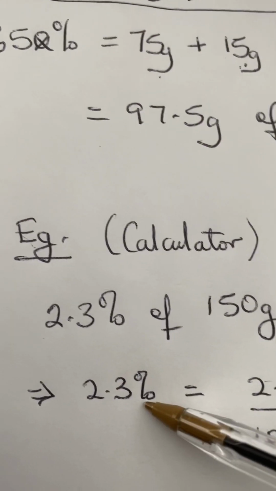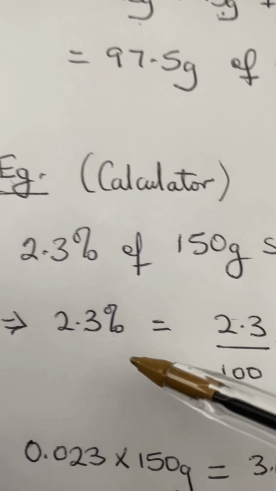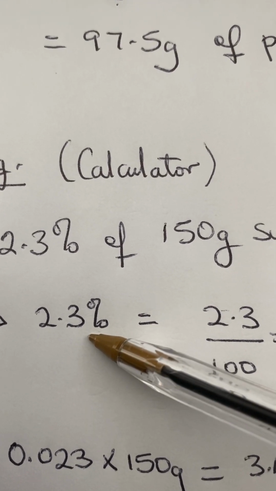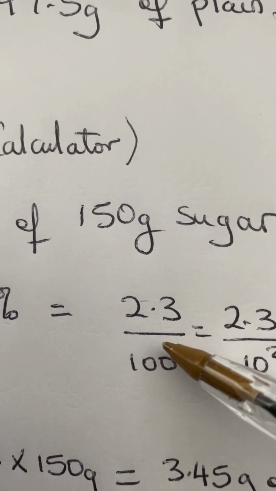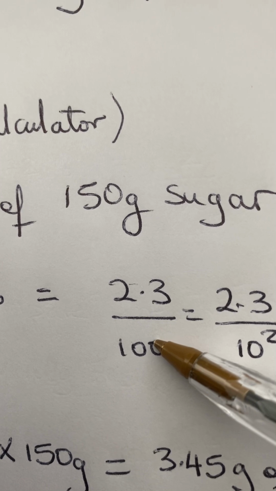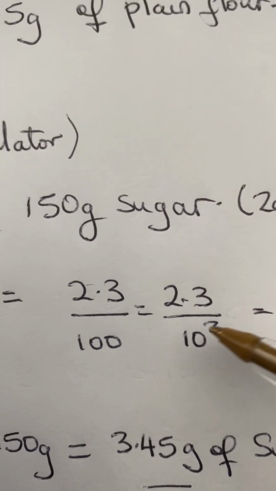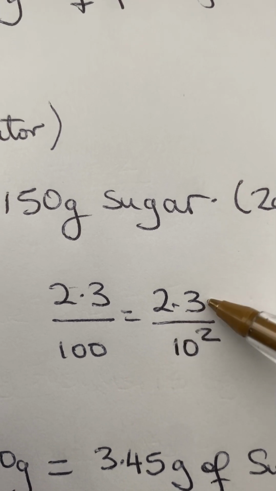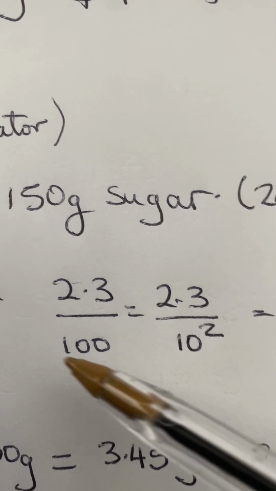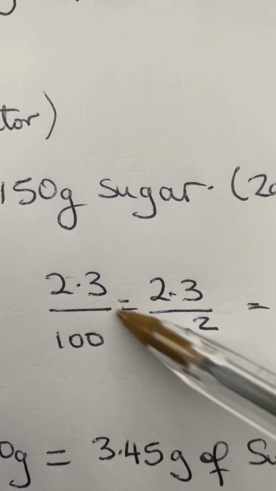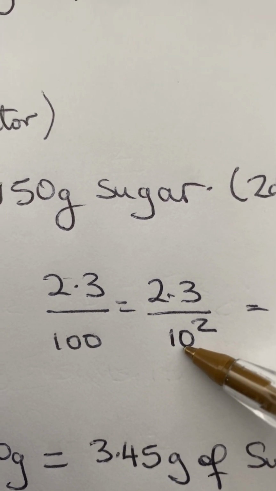So first of all, you have to understand 2.3% is the percentage. The fraction is 2.3 over 100. Okay, so 2.3 over 100 is the same as 2.3, and we said powers of 10. 100 is 10 to the power 2.